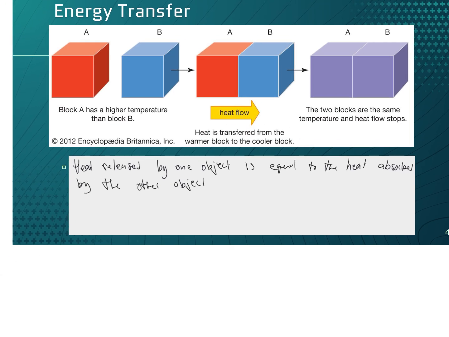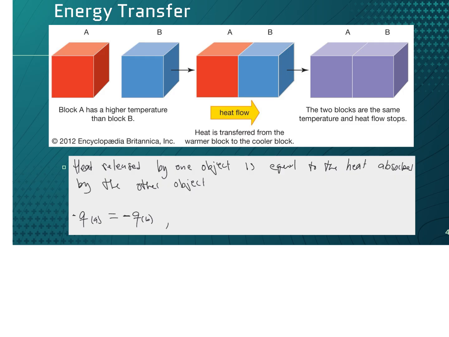We can also represent this in a more mathematical format by saying Q of A, or the heat of A, is equal to negative Q of B. The heat released by A is equal to the heat absorbed by B, and the sign of those should just be reversed.